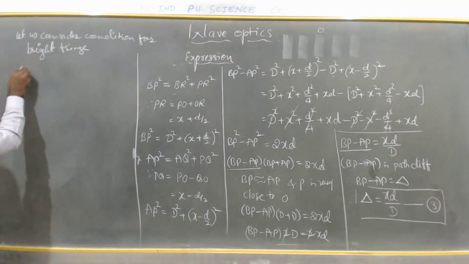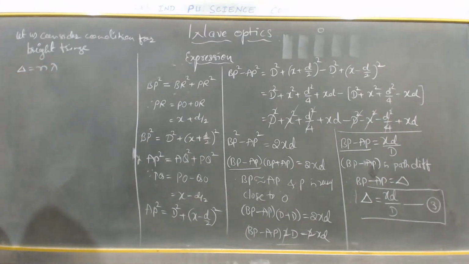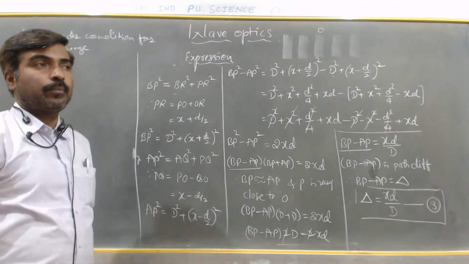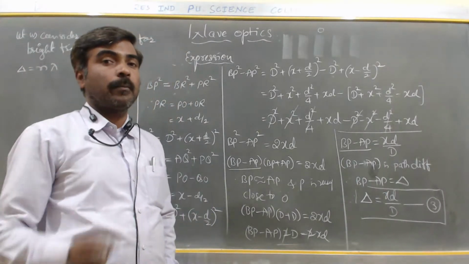According to that, delta equals n lambda, the condition for constructive interference in terms of path difference.